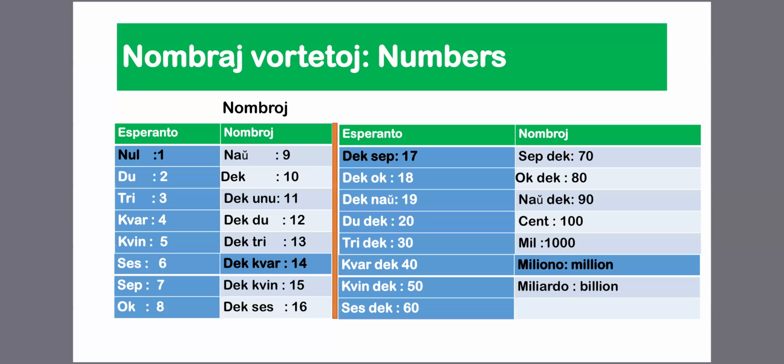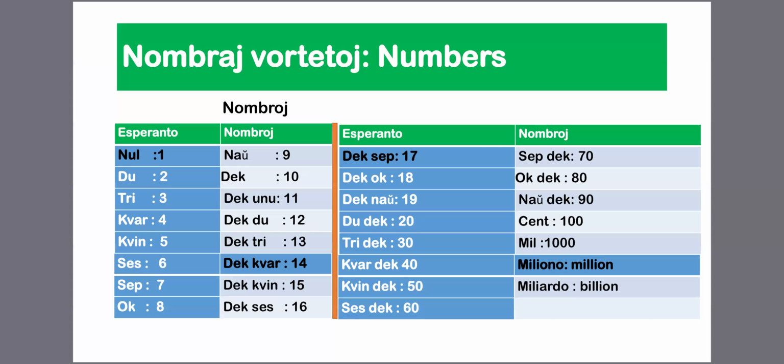Now, dek. Dek is 10. Let me repeat. Null, 2, 3, kvar, kvin, ses, sep, ok. Now, dek. I was reading from 1 to 10.